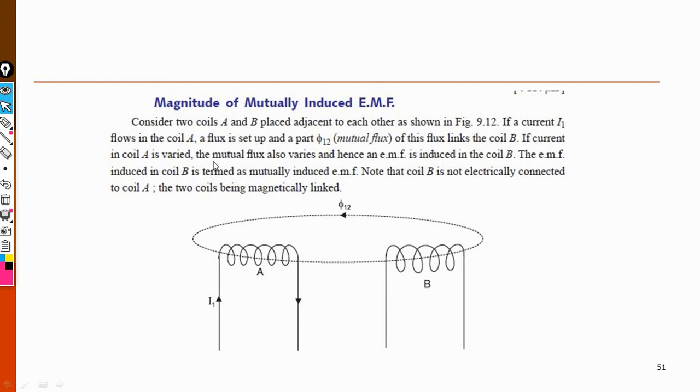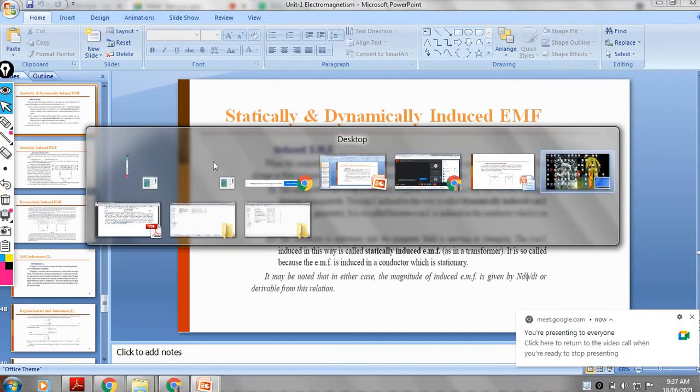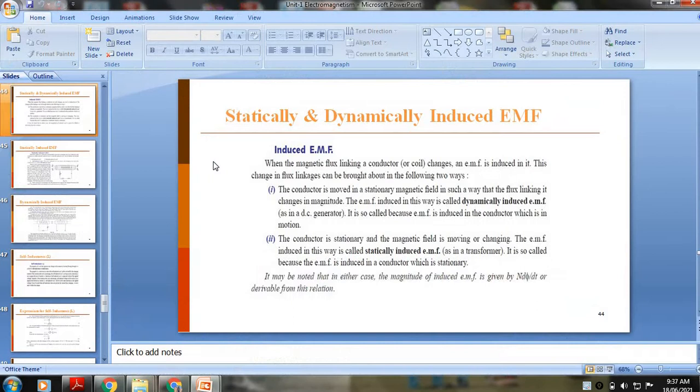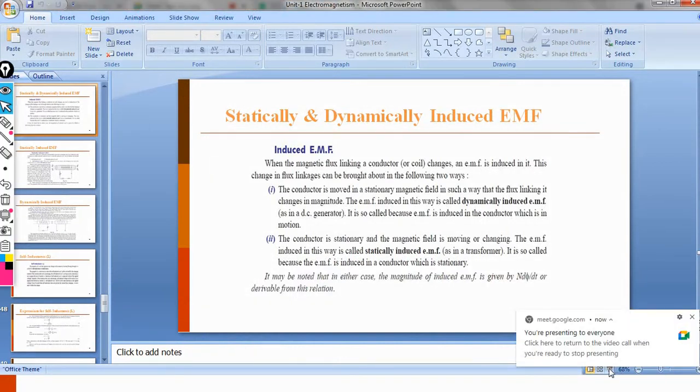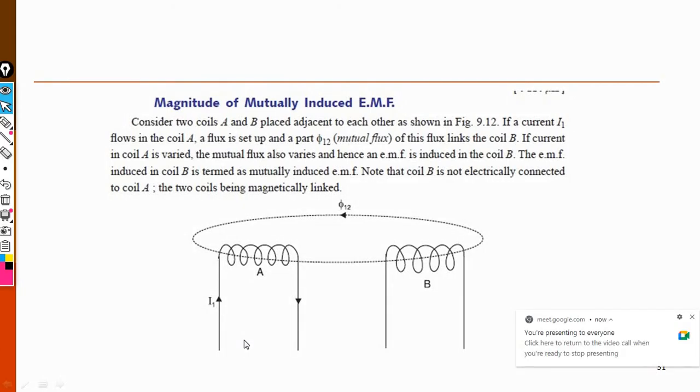Then the next point is mutual induced EMF. In this, the flux linking one coil to another coil is what gives mutual induced EMF.